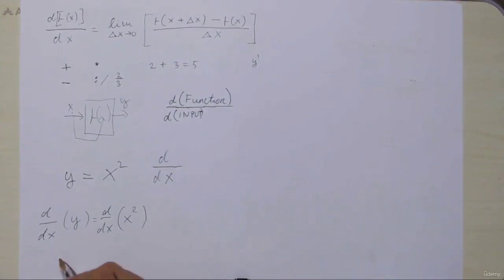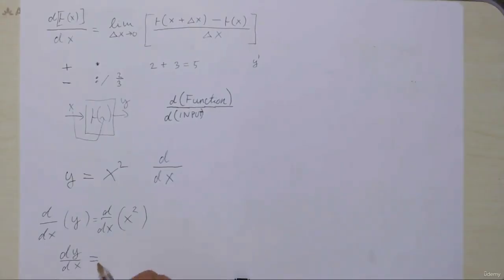And then I will have dy over dx equals, and then either using the limit or some kind of rule, in fact you would use the power rule, then you would get 2x.